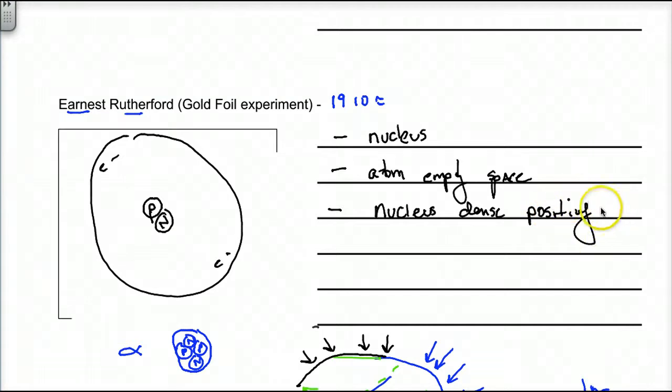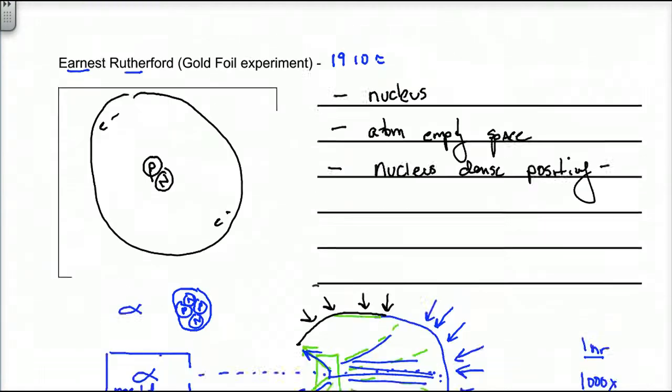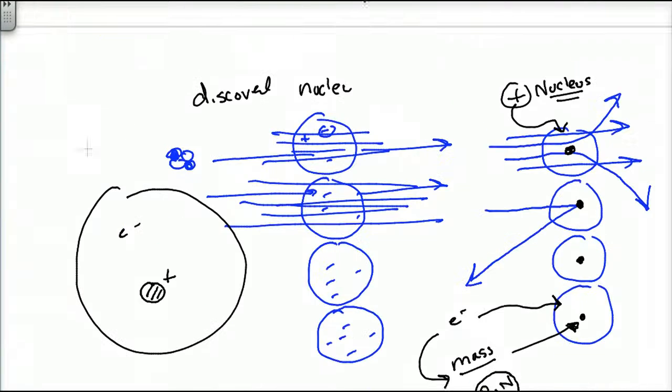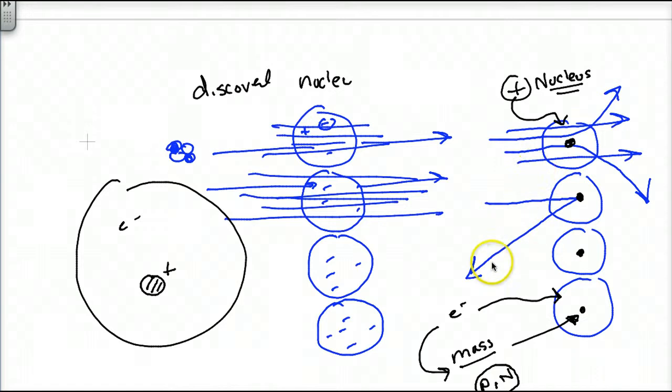He knew it was positively charged because of the deflections of this positive particle, which he called an alpha particle, deflected away. We now know it's positive because of the 2 protons that make it positive. So it deflected away when it got close, like my drawing shows right here. When a particle comes close, it would deflect away. If it got too close, it would bounce back. Now, those deflections were few and far between.